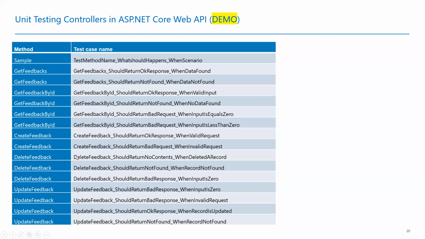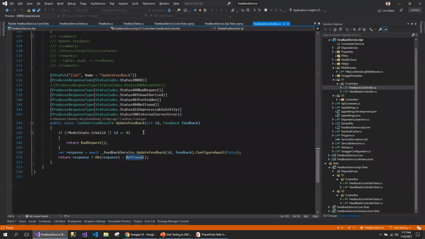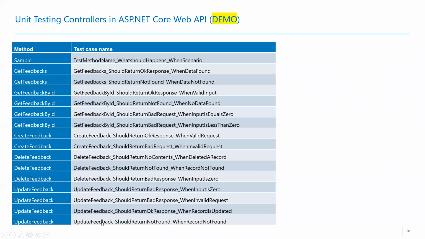In the delete feedback: should return no content when deleted a record, should return not found when record not found, should return bad request when input is 0. Same thing with the update scenario. The update scenario has four test cases. One is on the bad request, and OK response, not found.